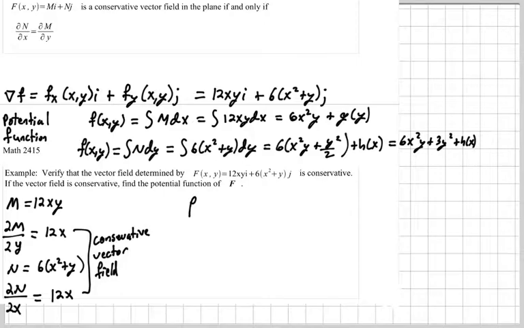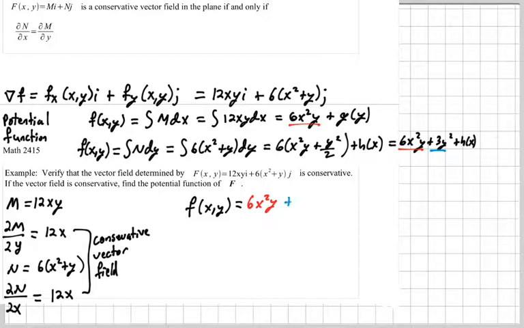All right, so our potential function, in order for this to work, we need the 6x squared y, and so that's required for both the gradient to give us the 12xy i, and also part of it is for the 6x squared for the j. Then we need the 3y squared, we need the derivative of that so that we can get the y in the j component.